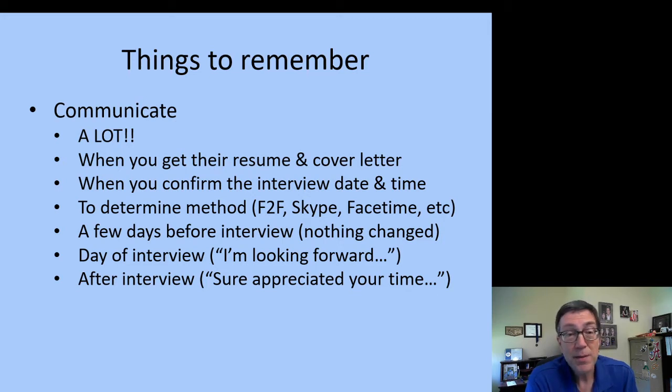At some point, maybe all 3 of these get combined into one email, but at some point you say, hey, listen, I'm in Americus. If you happen to be in Americus, why don't we meet face-to-face at the McDonald's or meet you on campus sometime? If you are online, and especially if your candidate is an online student, you'll say, hey, listen, there's a lot of different technologies out there that we can use to do this video.